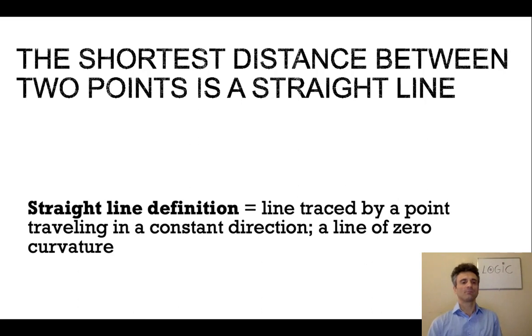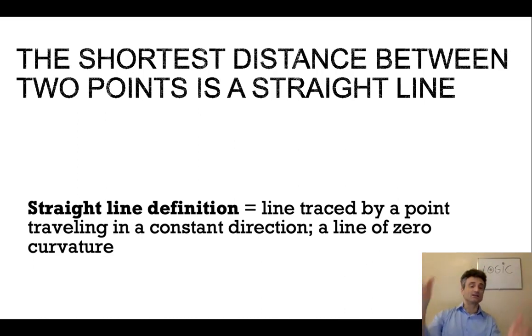Now, the point, however, is that the meaning of straight line is a line traced by a point traveling in a constant direction, or a line of zero curvature.